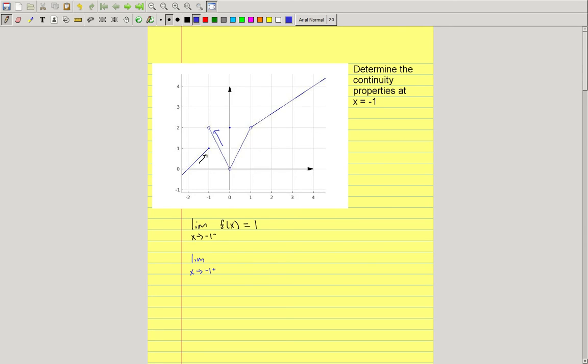As we come to -1 from above, the limit is equal to 2. Now, we see that we have the left-hand limit and the right-hand limit not coming to the same value, so that tells us that the two-sided limit of f of x does not exist.